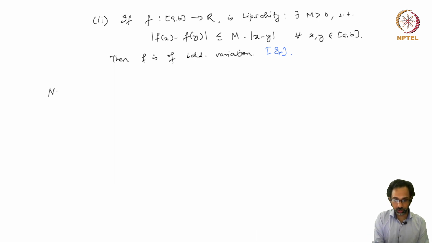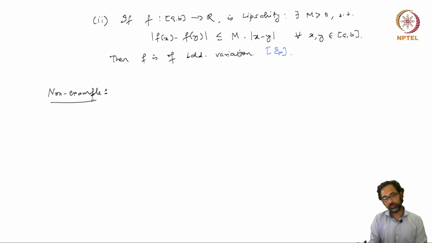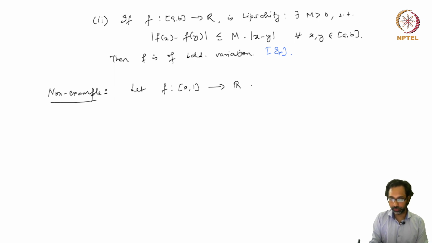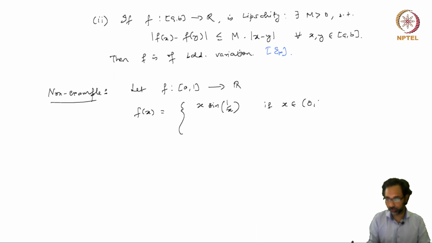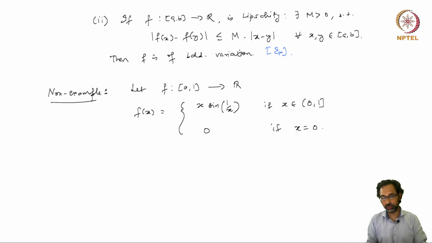Now let's look at a non-example. So a function which is not of bounded variation. In fact, this function will also be a continuous function. So let f from [0,1] to R be given by f(x) equals x sine(1/x) if x belongs to (0,1] and 0 if x equals 0.